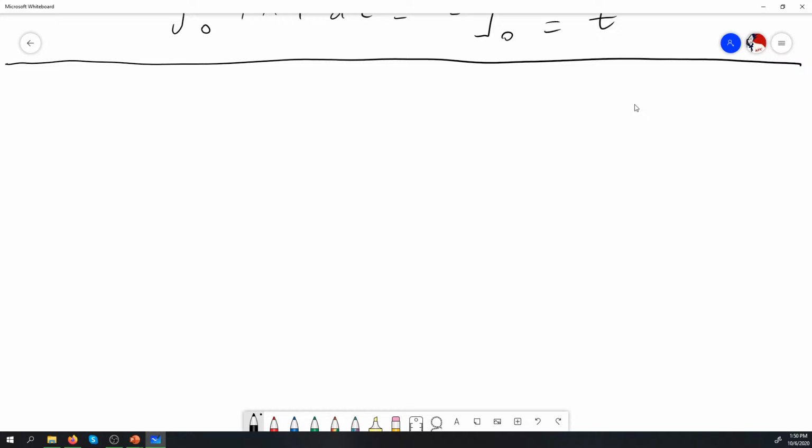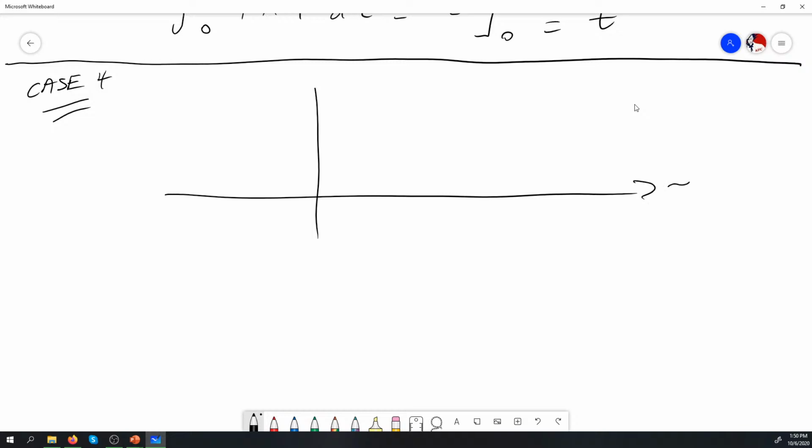So for case 4, we're going to draw back our axes here again. We're going to draw our x of tau signal.